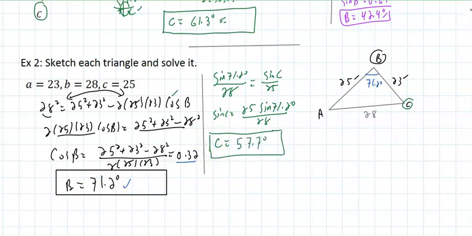Let me work that out. And I get this to be 57.7 degrees. And I know the drill. This right here would be 180 minus 71.2 degrees minus 57.7 degrees. And that turns out to be 51.1 degrees.